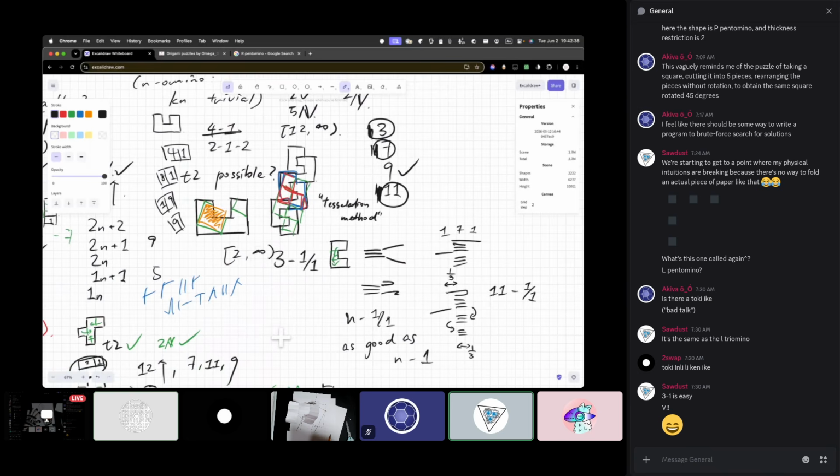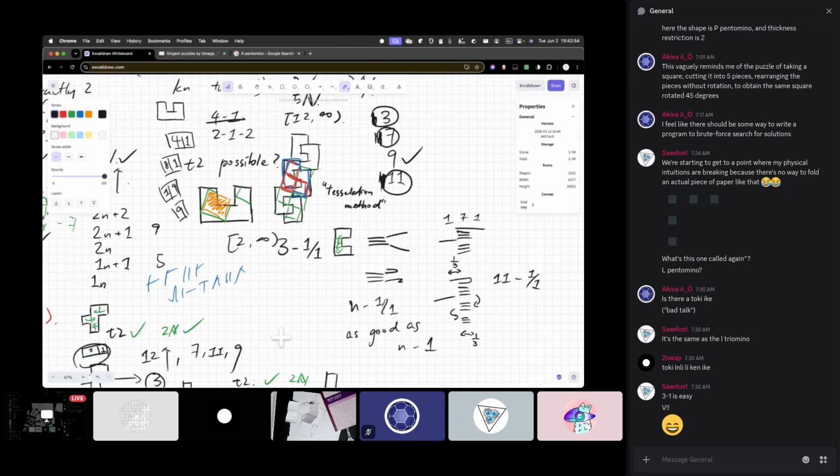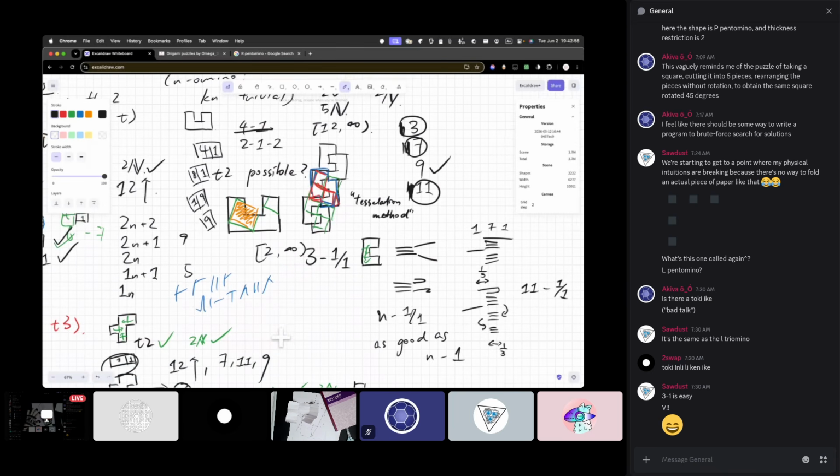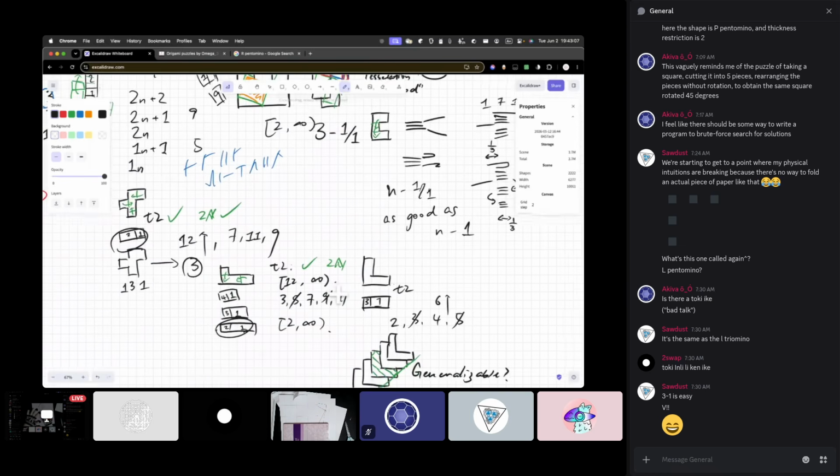Okay. Yeah. I wasn't asking about chirality. I meant to ask about rotation, because it seems like if they can tessellate without rotation, then it should be pretty easy. We're able to tessellate without rotating.